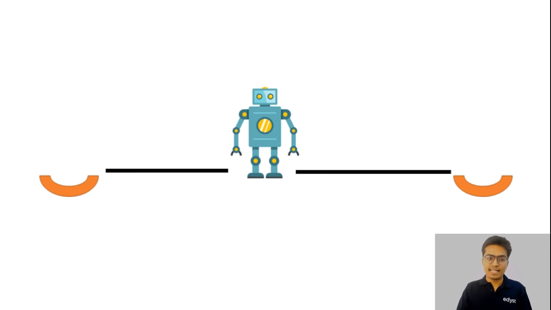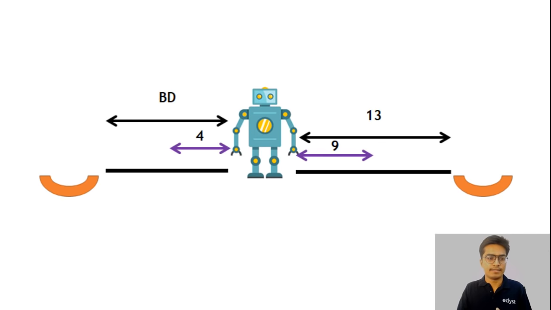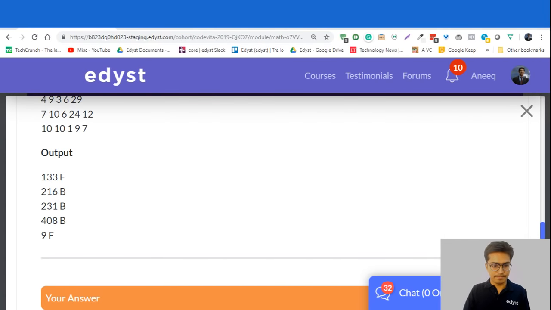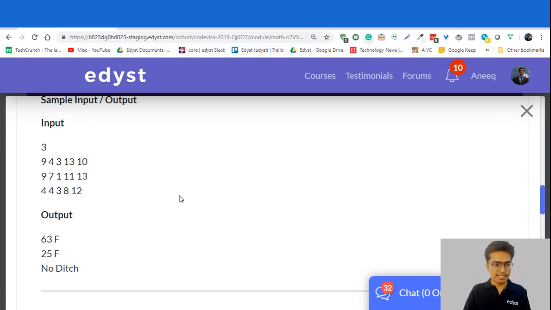Let's actually take a test case for this. Here you have your nice little robot at the center. If we look at one of the sample test cases here, let's pick this one.